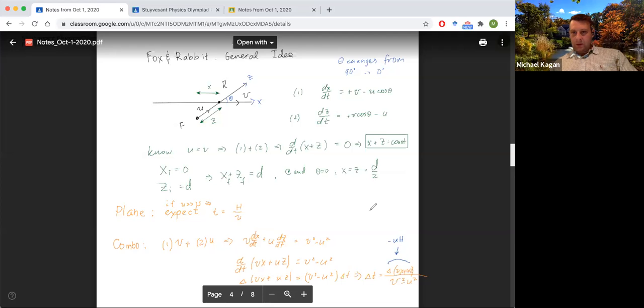Okay, folks, do you agree with this? Remember, delta x is negative h over 2, and delta z is positive h over 2. And I'm getting what you're getting.